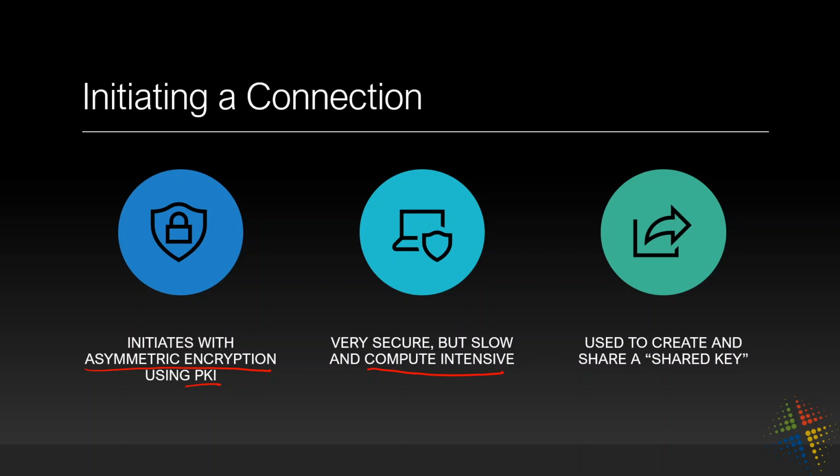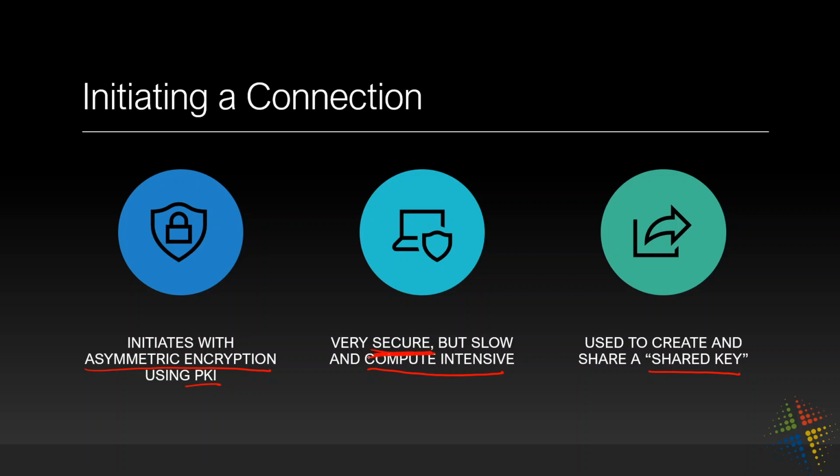But what we do with the initiation of the connection is we create a shared key. At this point, we now have a secure communication channel between the client and the server. And so the client creates a really, really long shared key and then sends it across the secure communication channel.